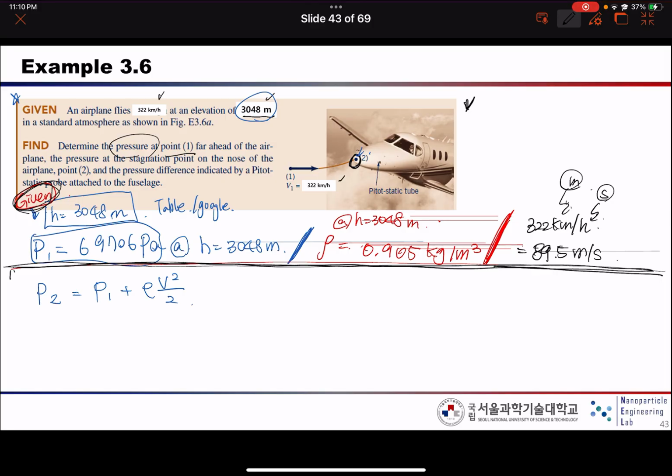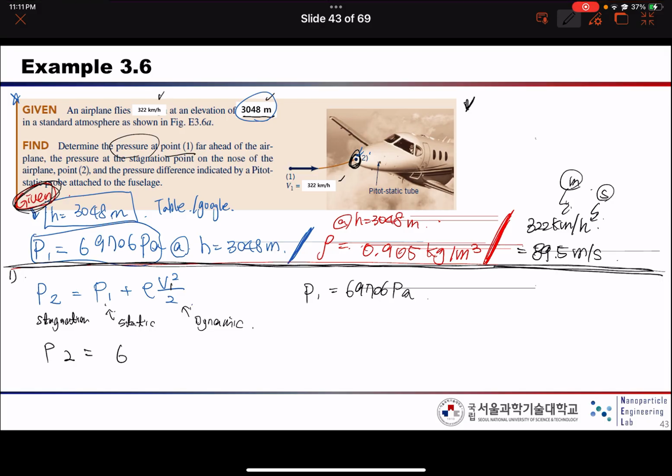So P2 is the stagnation pressure, P1 is the static pressure, and the rho V squared over 2 term is the dynamic pressure. P1 is given as 69706 Pascal, so you can just plug in all the values.